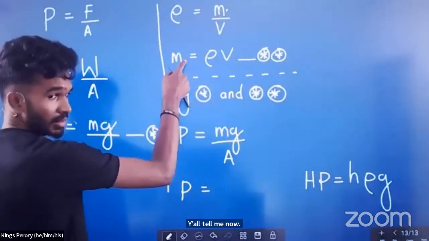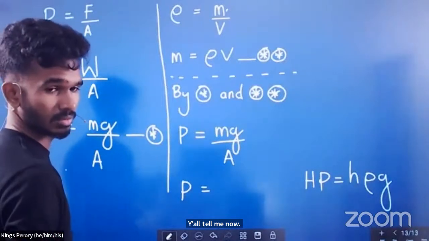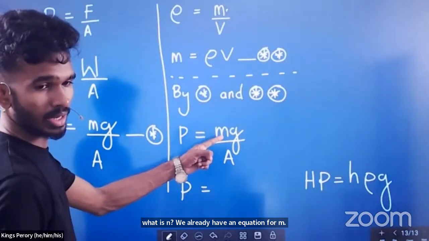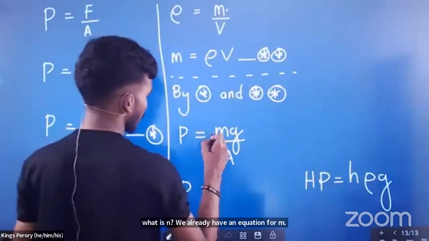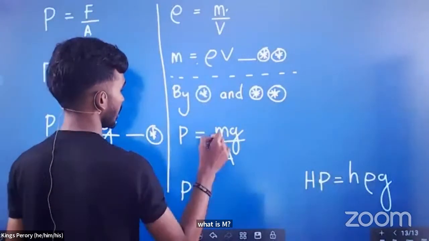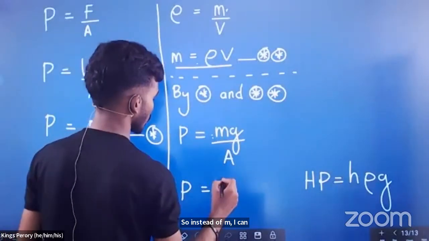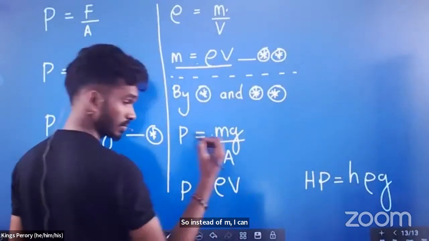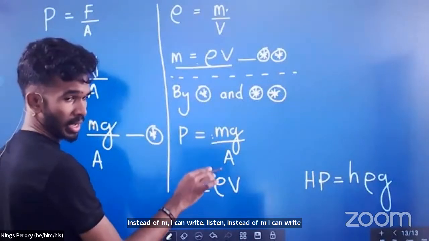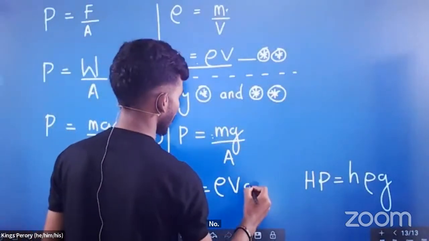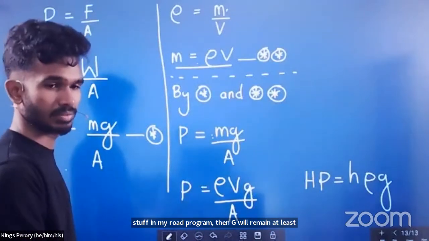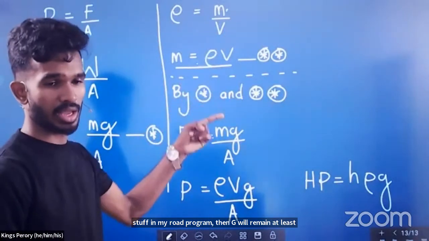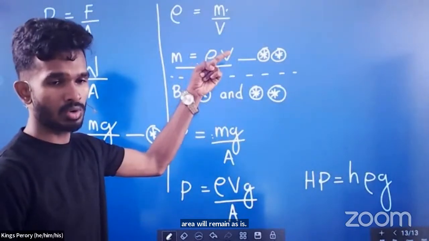We already have an equation for m. What is m? Rho V. So instead of m I can write rho V. Then g will remain as it is, area will remain as it is.